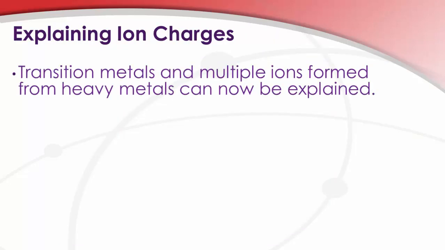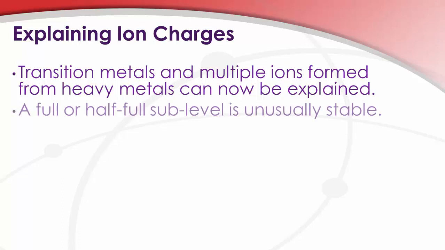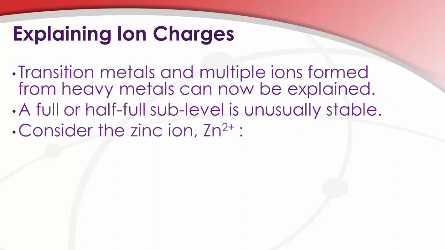So for example, we can start to look at the charges that result on favored ions and explain why they are there. And even better, we can start to understand why there are multiple charges on the transition metals. The answer to this, of course, is that a full or a half-full sublevel is unusually stable, and so it'll favor ions that will result in this full or half-full sublevel.